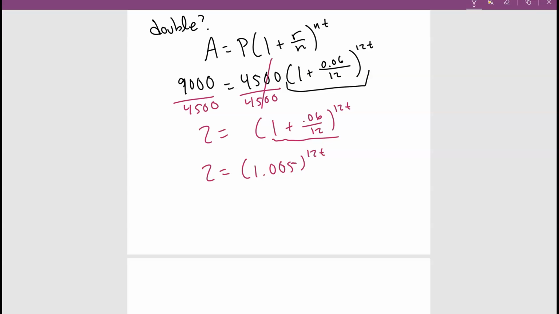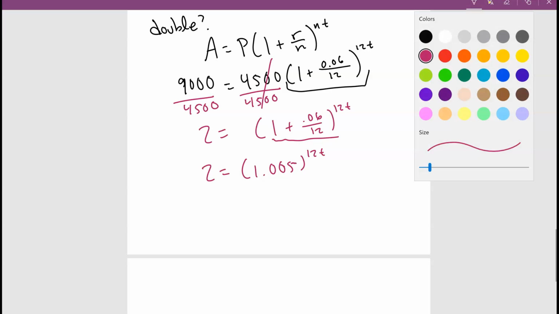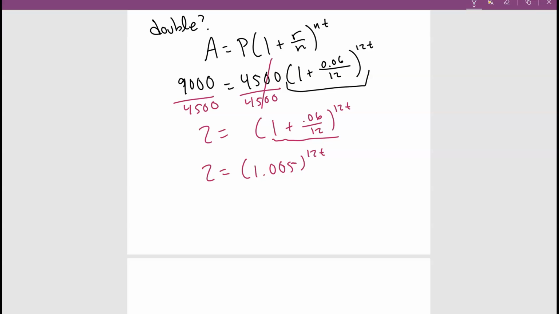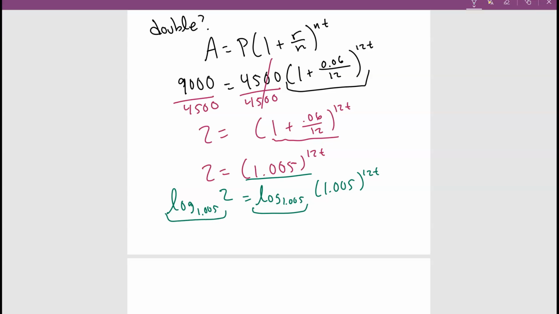Now, what type of logarithm should I apply to both sides? Well, if I want to get rid of this base, I have to take the log of whatever that base is. So that's going to be the log base 1.005. So you have a 2 there, and you have 1.005 to the 12t. So I just applied this log to both sides.